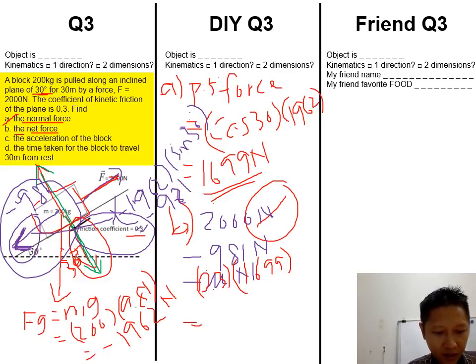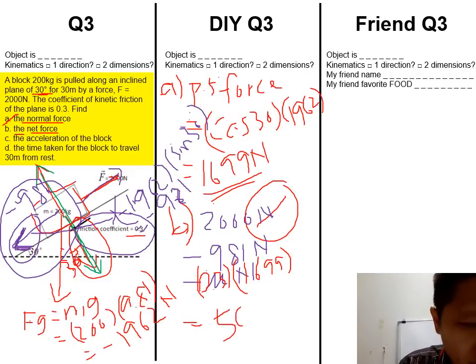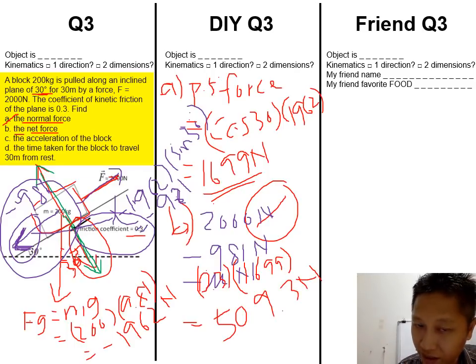So at the end, when we calculate all together, we're going to get the net force is 509.3 Newton. Where is it?